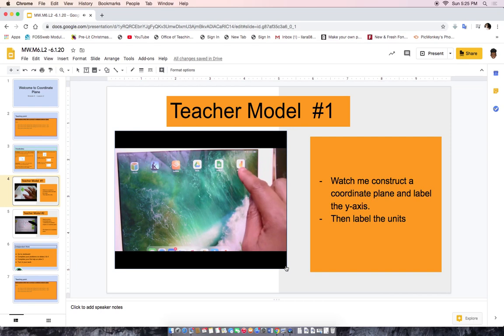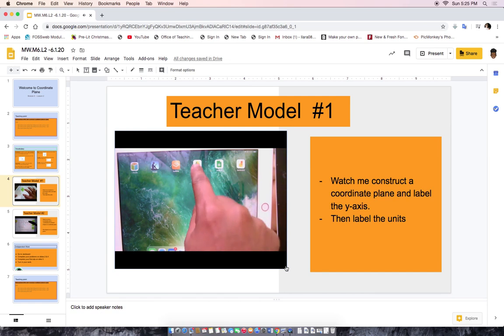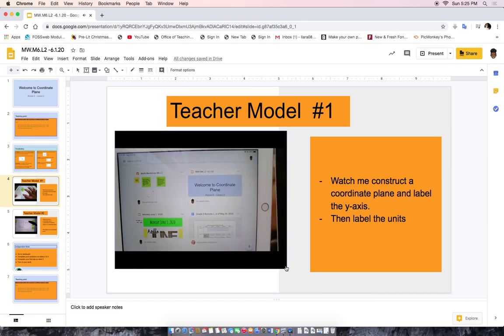But if you don't have Jamboard on your tablet, just go into your Google Drive and it should look like this one here. Click it and then look for the file name. So the file name that we need to find is Math Workshop M6L2. So for today's lesson, we are working on constructing coordinate planes.